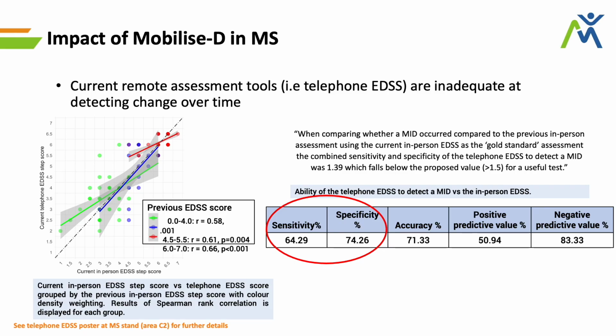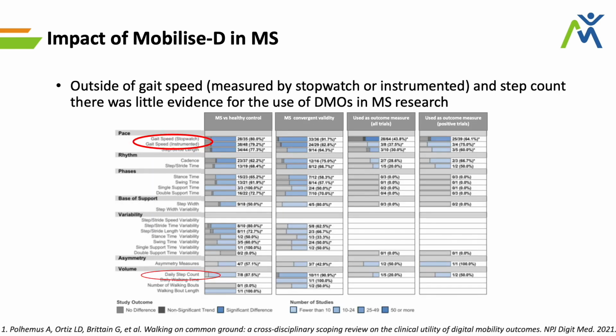We thought we would try to see if we can improve on that as part of the Mobilise-D work, by seeing if we can utilize a telephone consultation to substitute for the need for the patient to come to visit. And although the correlation between the in-person and the telephone EDSS was high, the telephone EDSS was not really sensitive to change, so it's not really a good tool if you want to use it in clinical trials.